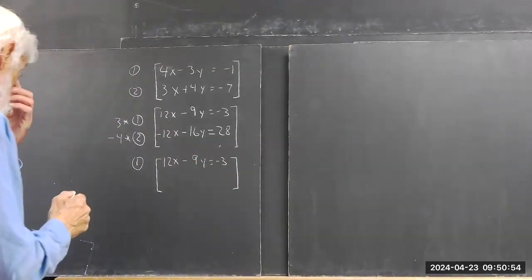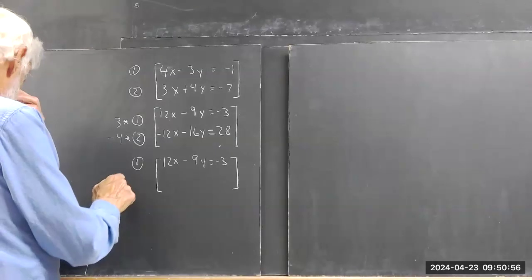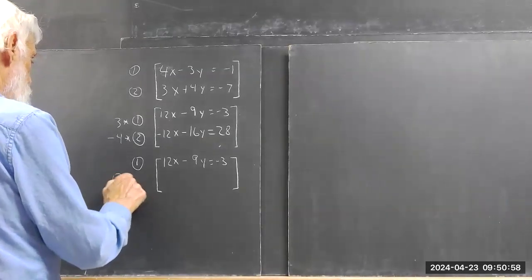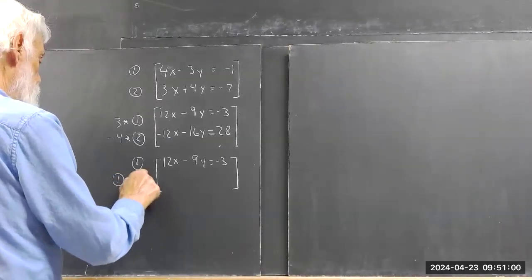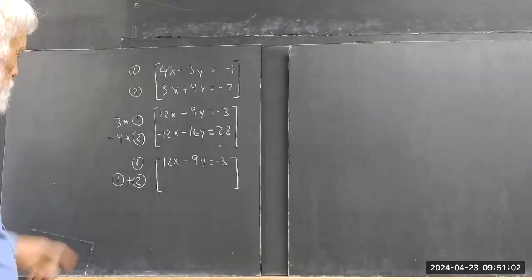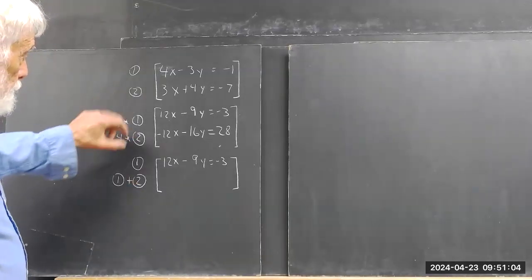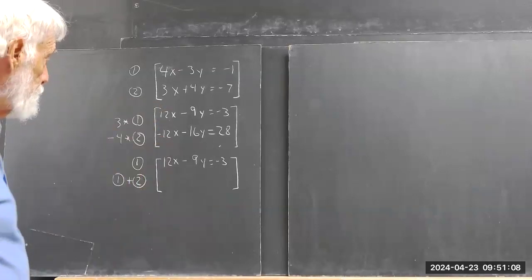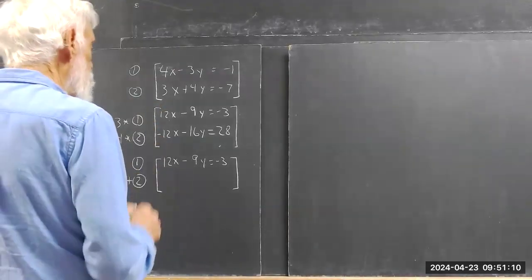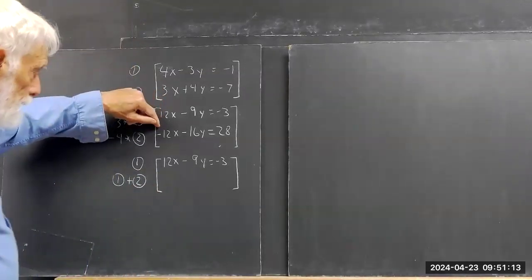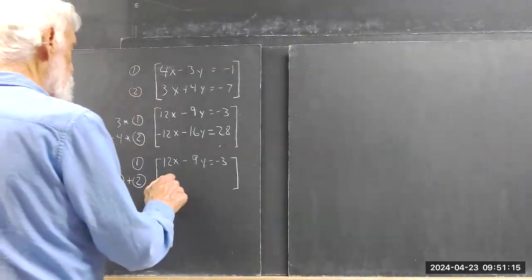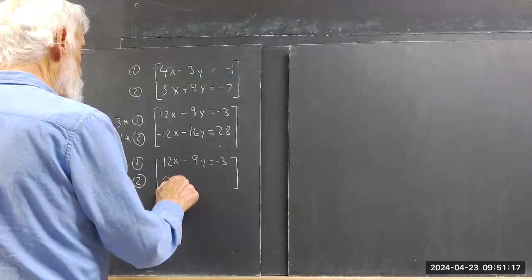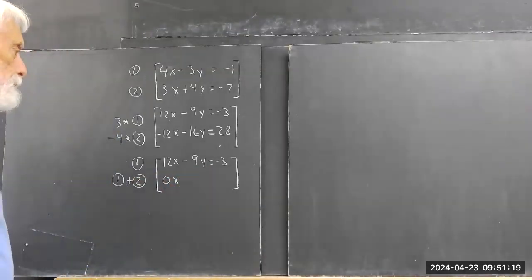Now, second row, I'm going to do equation 1, line 1 plus line 2. Line 1 here, line 2 here. And when I add 12x and -12x, I'm going to get 0. I'll write out the 0x.